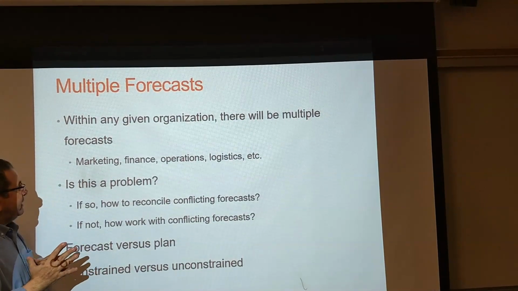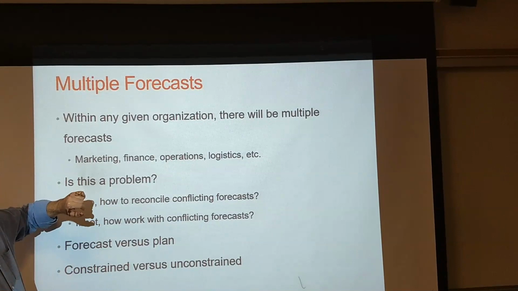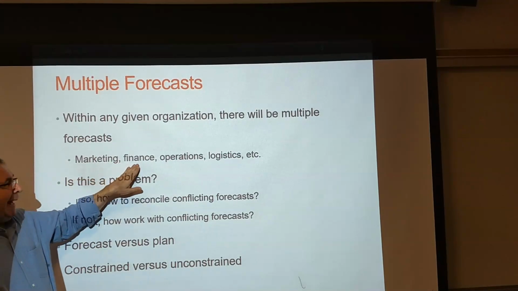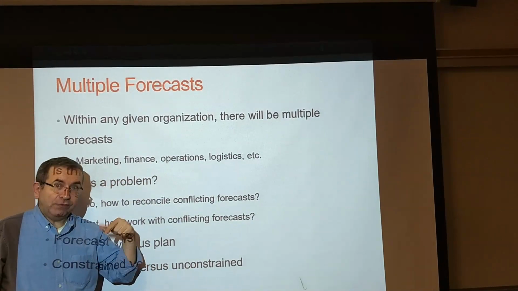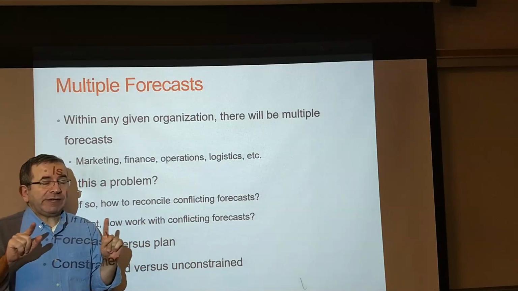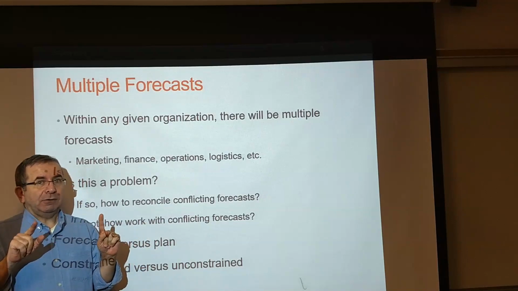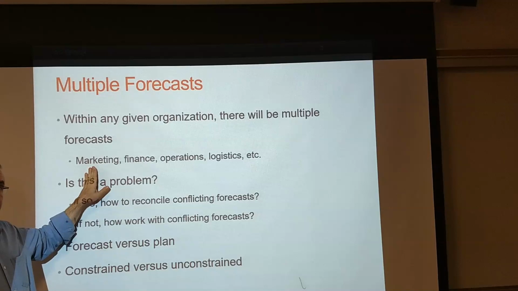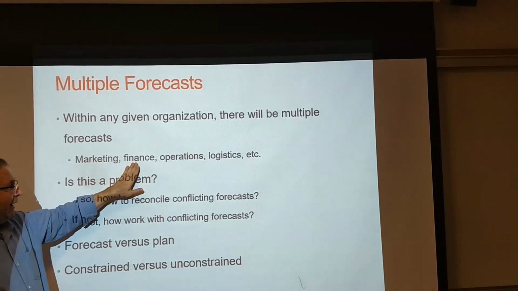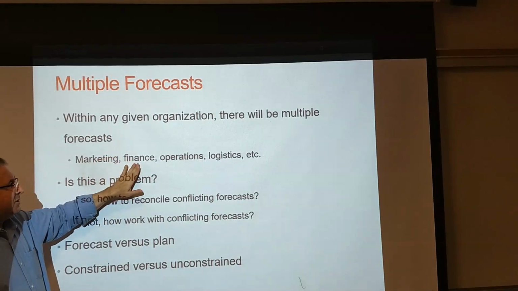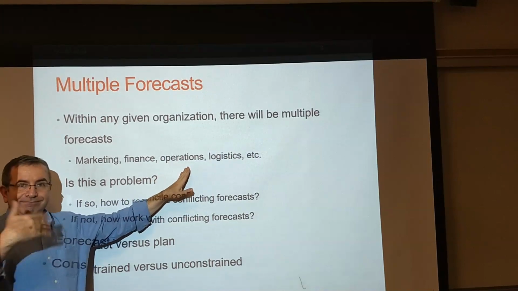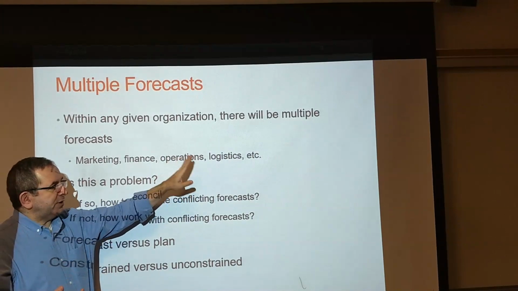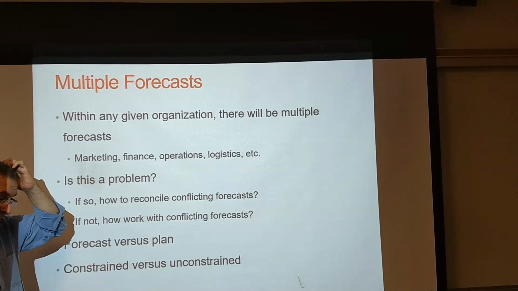And typically, what happens is that every department will have a forecast of its own, and none of the forecasts will agree with each other. Okay, so marketing will have a forecast, and that's not going to agree with the finance forecast. Finance forecast will not agree with operations forecast, logistics forecast, etc.